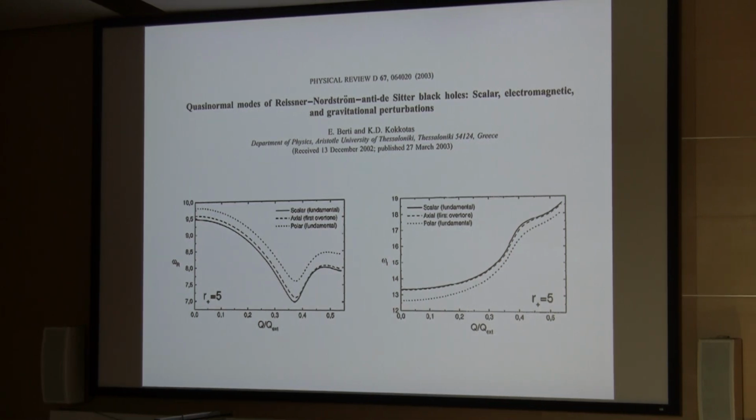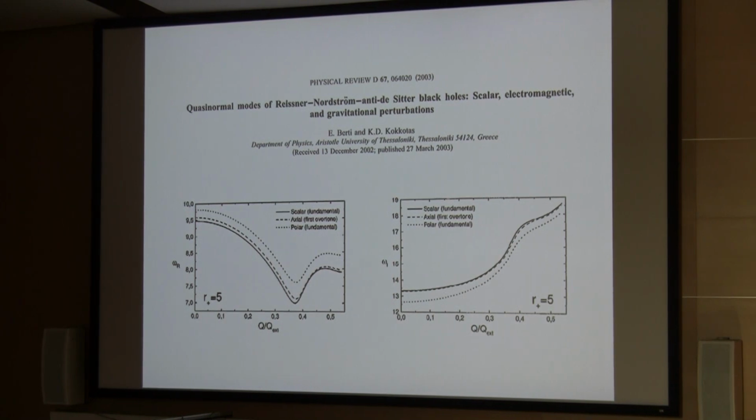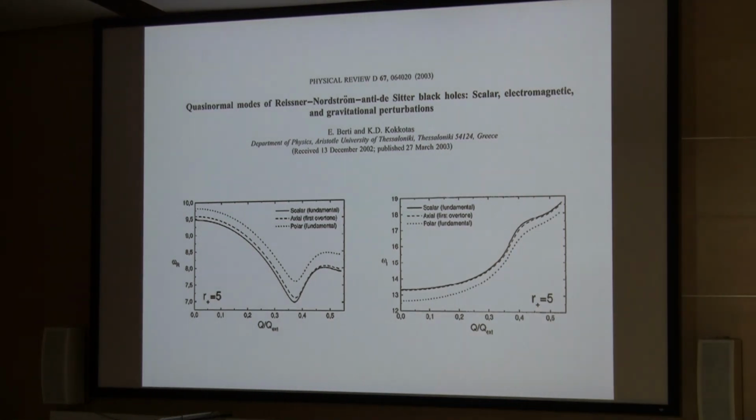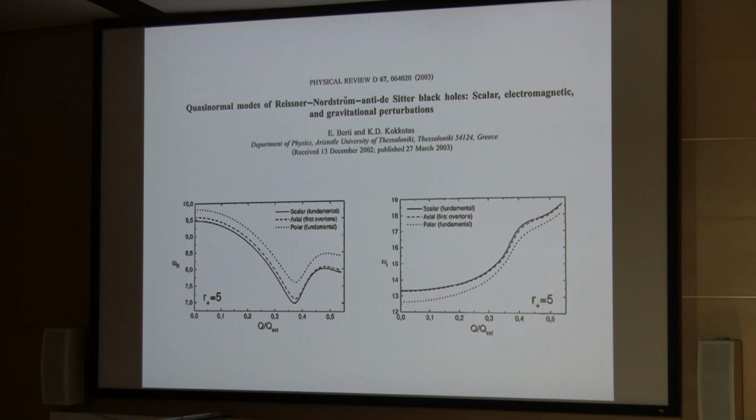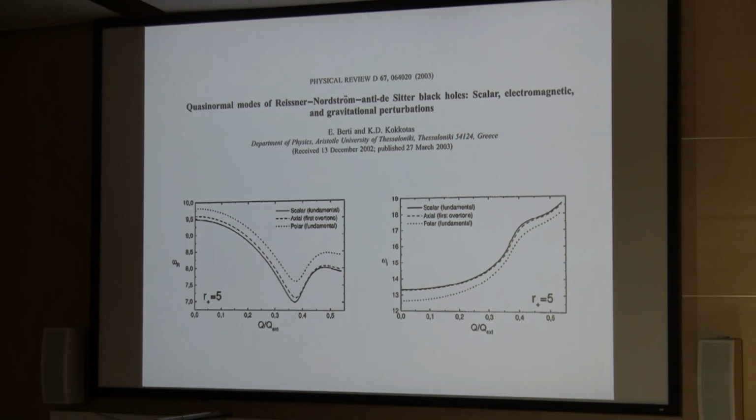They found out that there is a problem when the charge gets closer and closer to the extremal charge, because the methods get less and less convergent. It's more and more difficult to get convergent results, and it has been a problem for a long time.